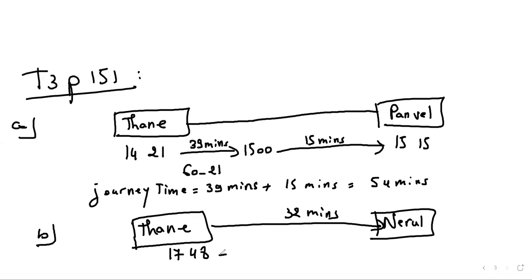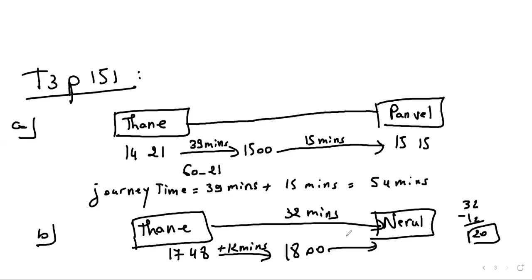I need to ask myself how many minutes I need to add to get to 18:00. I just need to do 60 minus 48, so I need to add 12 minutes to get to 18:00. Now, how many minutes are left if I take 12 from 32? 32 minus 12 is 20. So 20 minutes is the time that I need to add after 18:00.